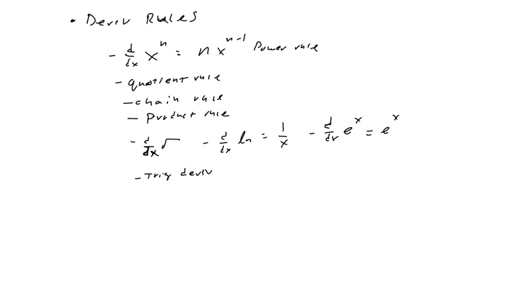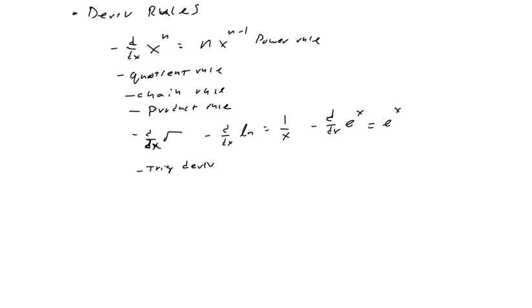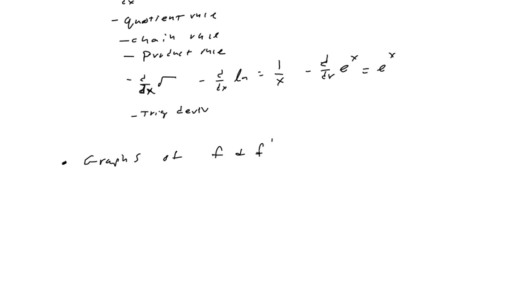You should also be aware of the graphs of derivatives, what the graphs look like. Graphs of f and f prime. If I give you the graph of f, you should be able to picture what the graph of f prime looks like, right? So if this is f, f prime is going to look like what?